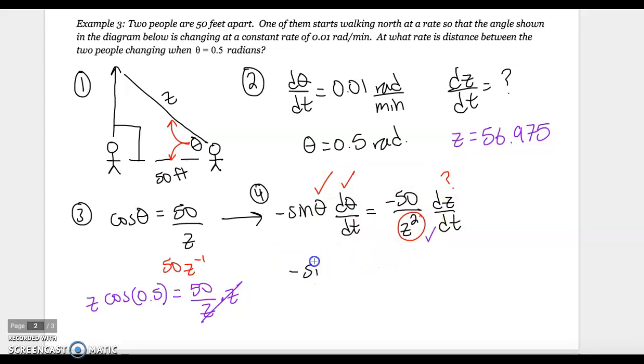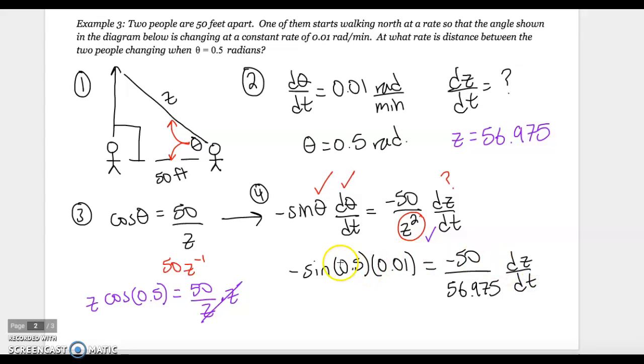So I have negative sine of 0.5 times 0.01, because that's my d theta dt, and then I have negative 50 over 56.975 times dz dt. So basically, I'm just going to do all of this part in my calculator and then divide it by whatever that number is.